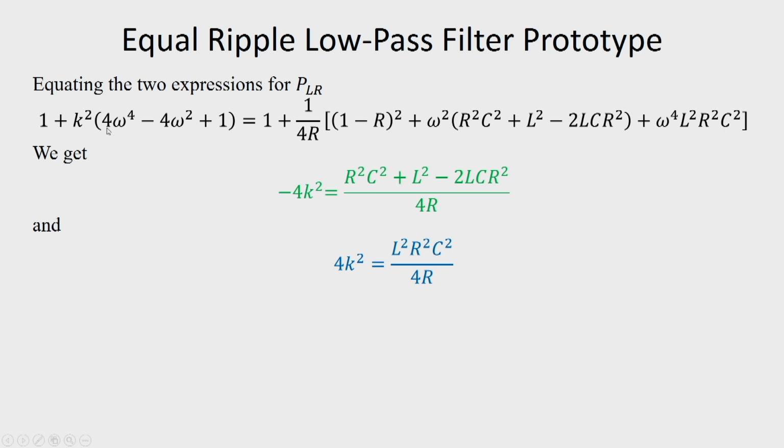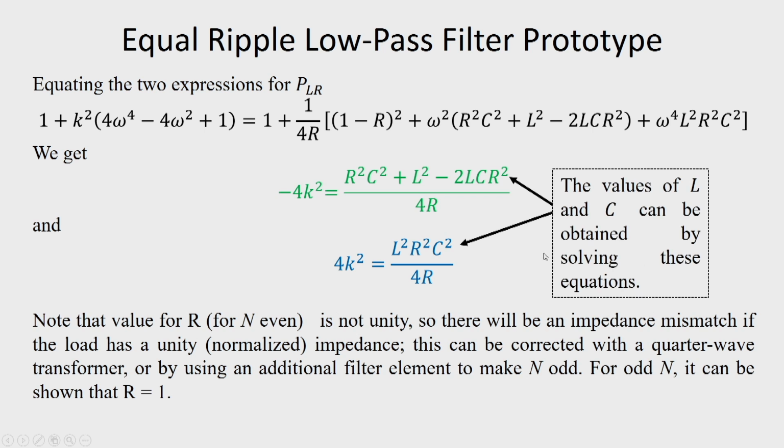So, we get 4 k square equal to L square r square c square divided by 4 r. Now, r value has already been calculated. We have already found out the expression for r, and therefore, we can solve for L and C from this set of equations.